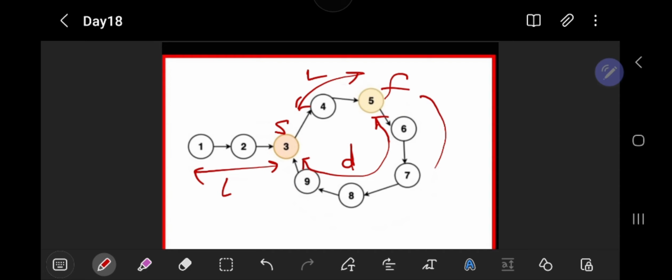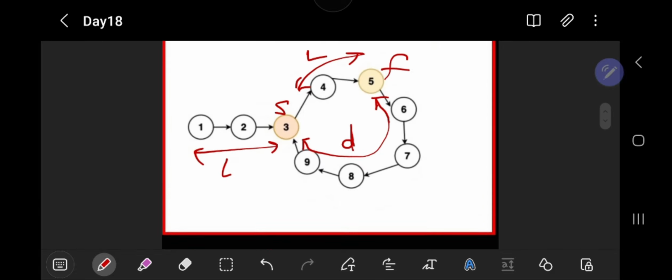Fast is moving 2 steps towards the slow, and slow is moving 1 step in the opposite direction. So fast will be moving towards slow and slow will be moving away from the fast node: 2 steps towards slow, and slow is moving 1 step away from fast.